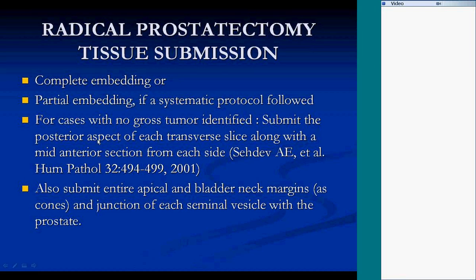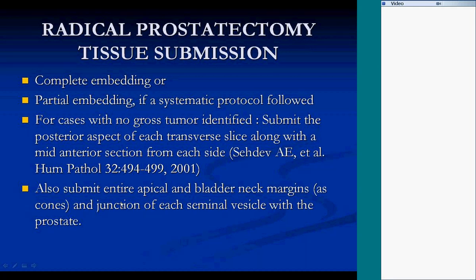So one that we mentioned in the CAP protocol that we particularly like for partial embedding is to submit a posterior aspect of each transverse slice along with a mid-anterior section from each side. And this is a protocol from Johns Hopkins, and it detects almost all of the foci that are important of extraprostatic extension and positive margins.